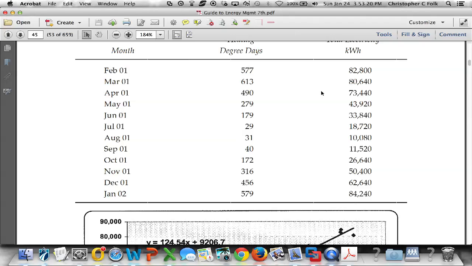And the last 3 data fields that we're going to need, you have to keep scrolling over to the right. A will be the slope of 124.54. B will be the intercept of 9,207.67, which gets rounded up in the text.